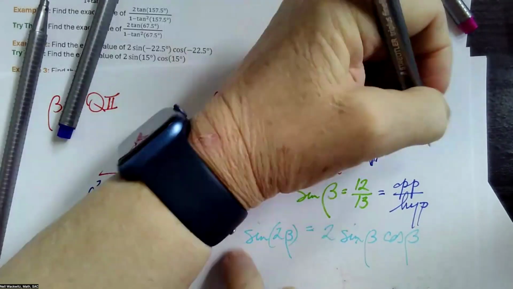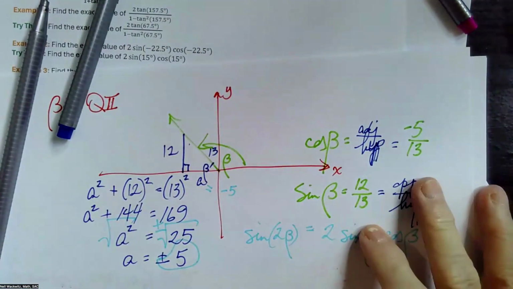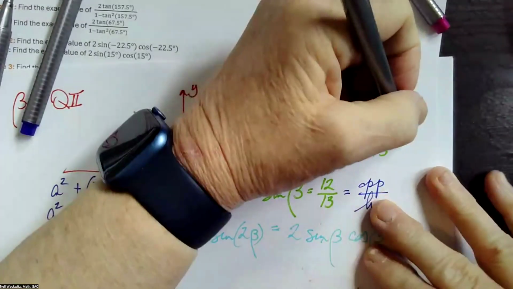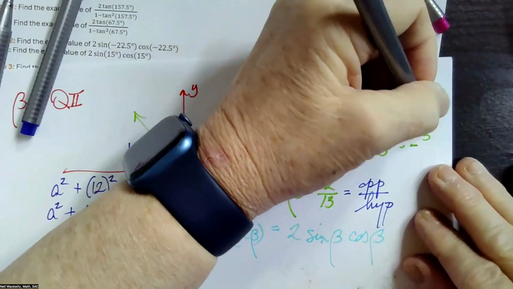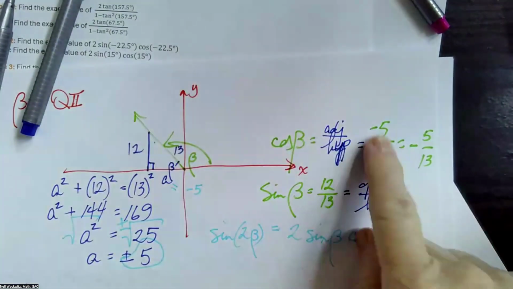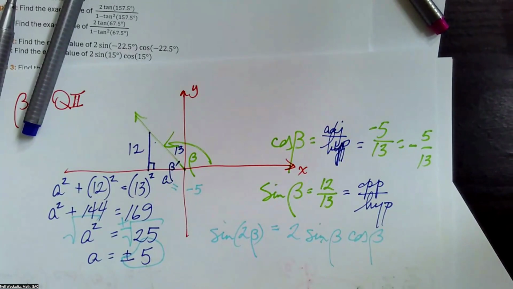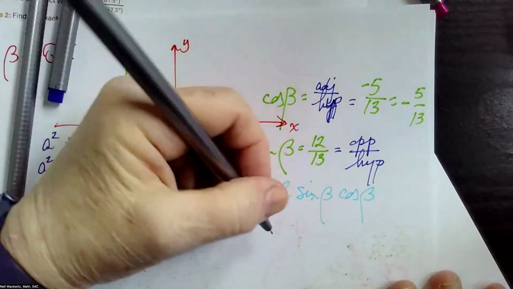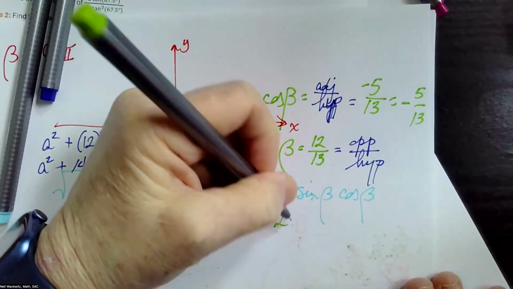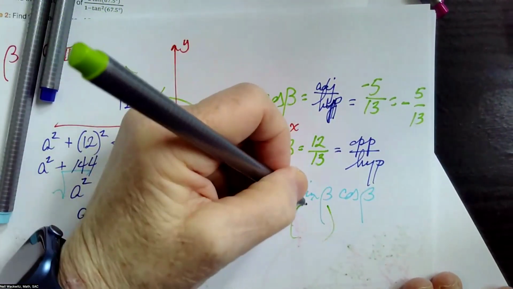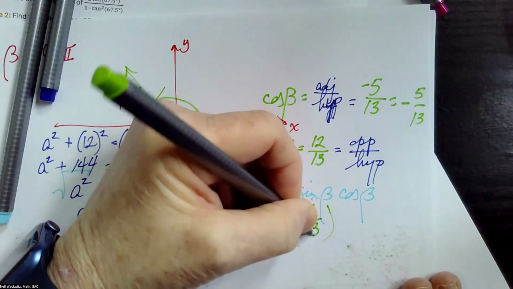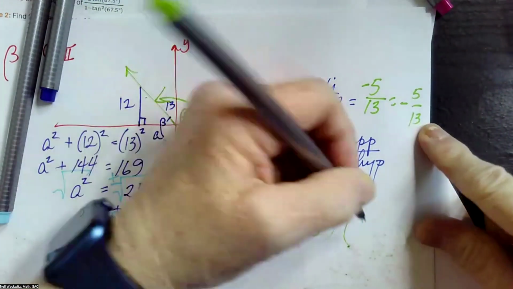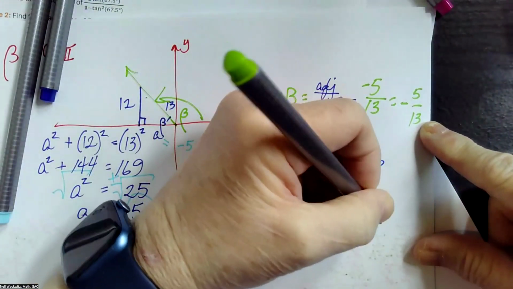And the hypotenuse is 13. And we would write this as -5/13. We want that negative to be out front, just because it makes it easier to use the number. So we've got 2 times 12/13 times -5/13.